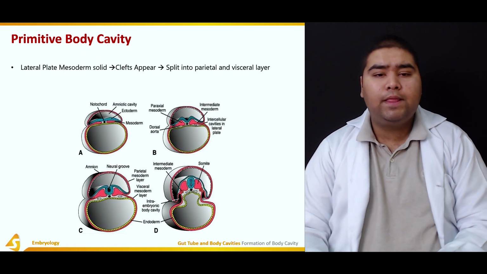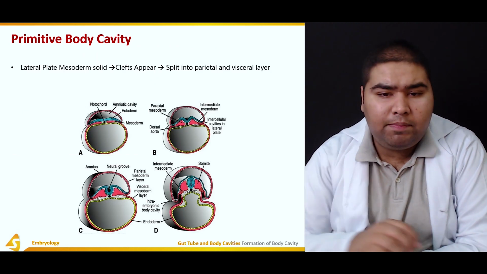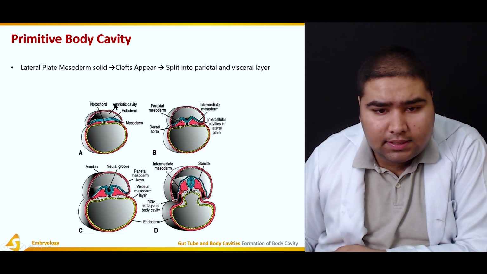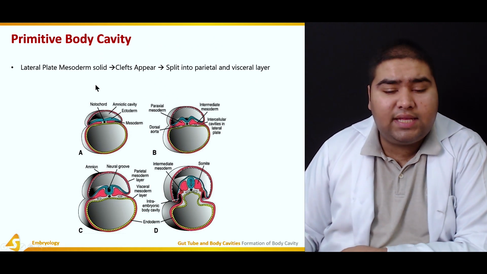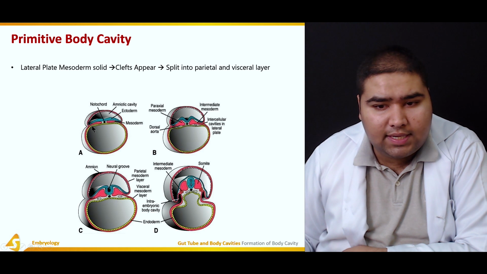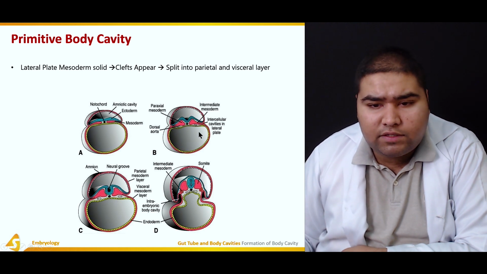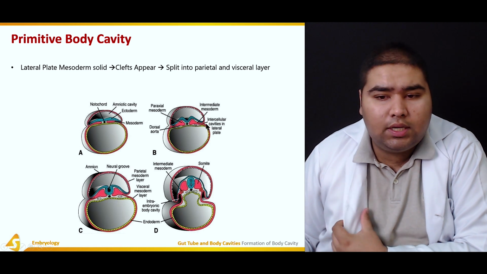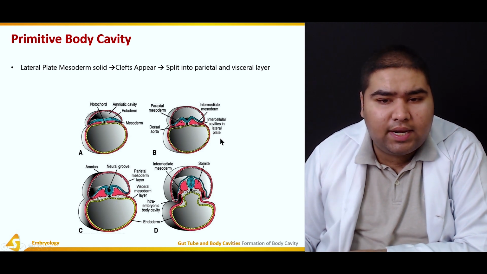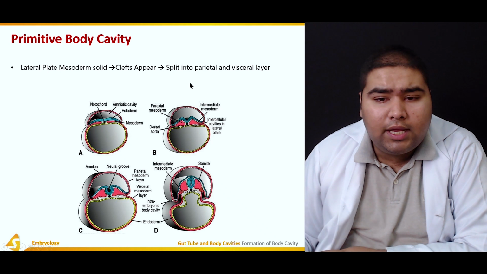Moving on, this lateral plate mesoderm is initially solid. Here you can see it is solid. Now clefts begin to appear. These are the small clefts, intercellular cavities which appear in the lateral plate mesoderm.